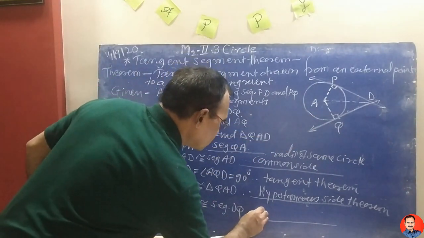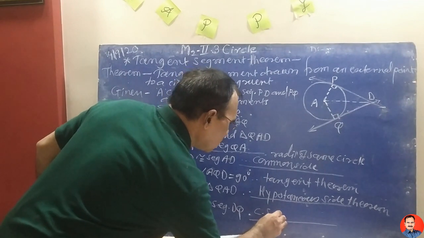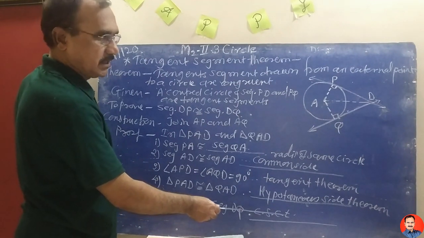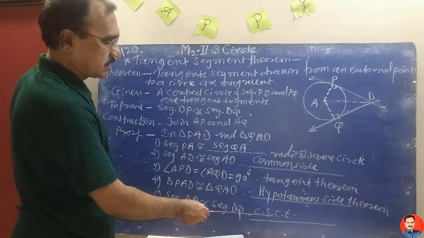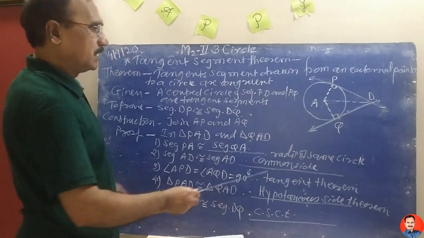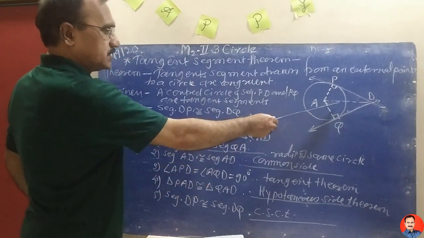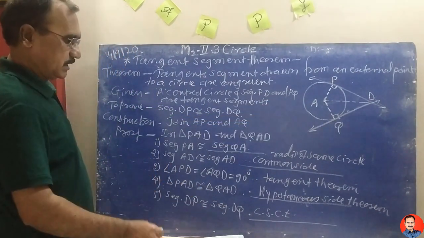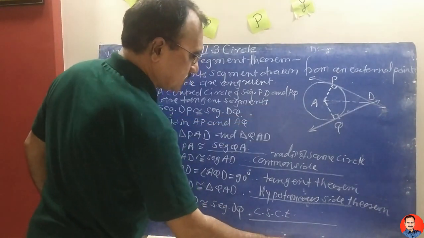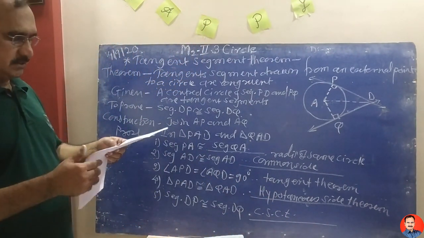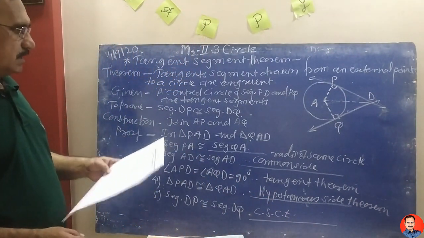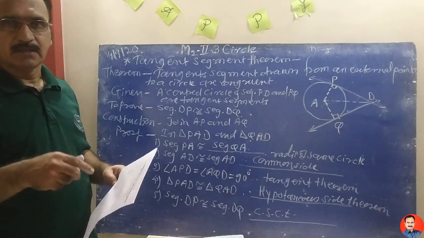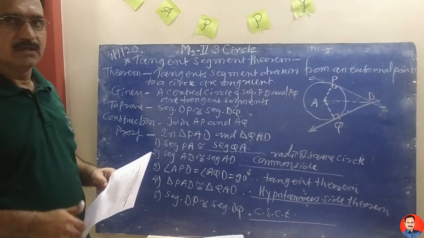Reason: corresponding sides of congruent triangles, CSCT. When these two triangles are congruent, corresponding sides are congruent, and this is what we have to prove. This theorem is complete here, and it is based on an activity-based example. Okay, the remaining part is in the next period. Okay, thank you.